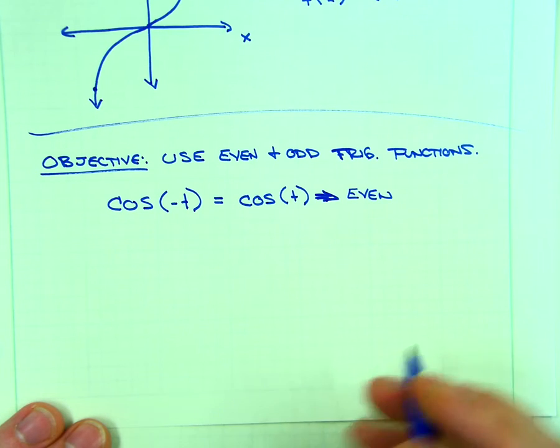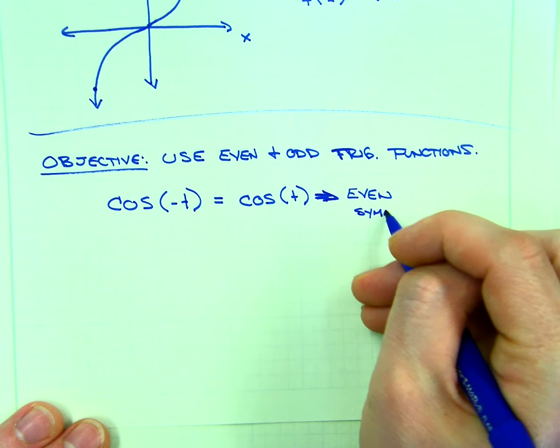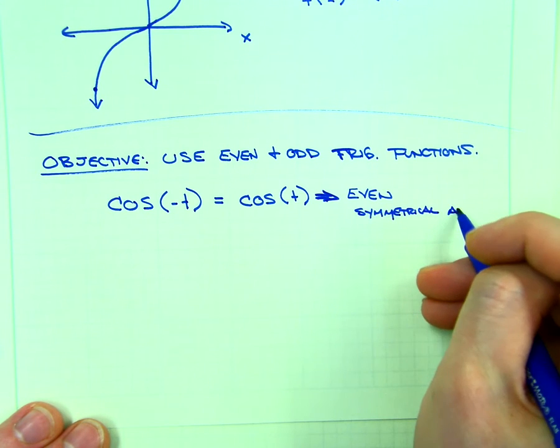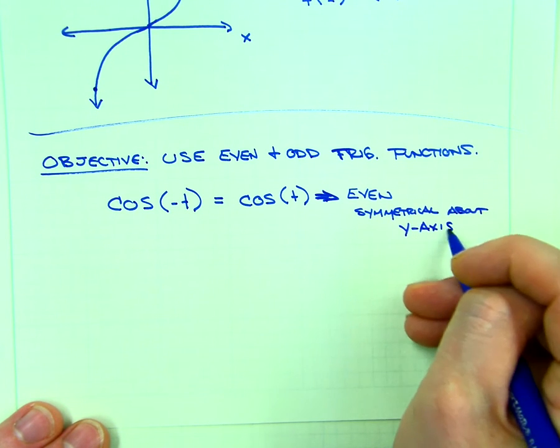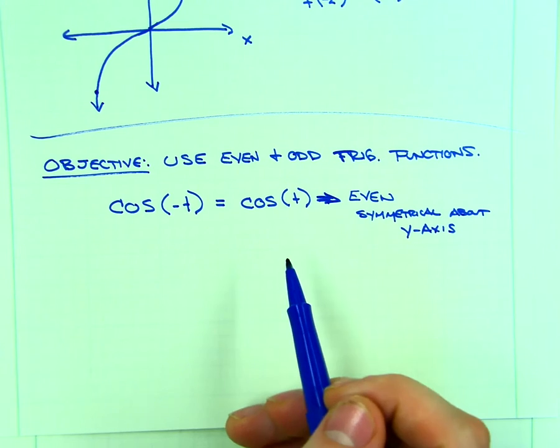So I've got an even function. And also, I know it's symmetrical about the y-axis. Okay, so cosine is an even function.